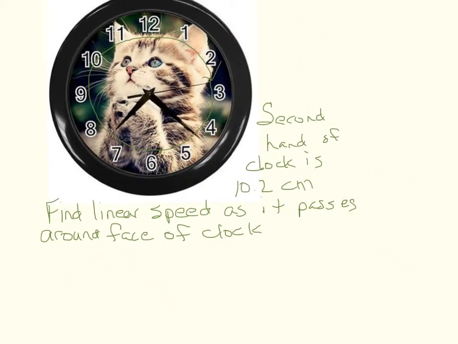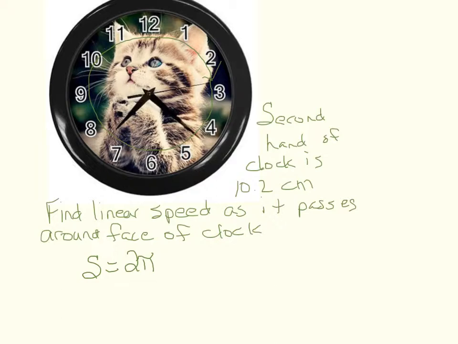What is one complete revolution? 360. But we're in 2 pi. All right, so we know that the intercepted arc is going to be 2 pi. How long does it take to go all the way around? 24 hours?